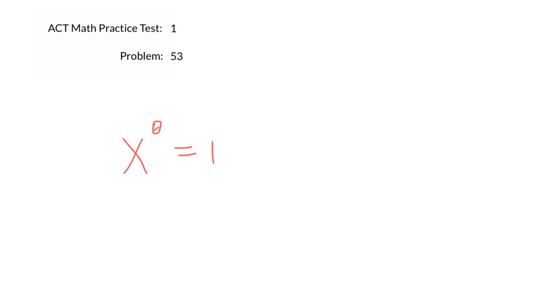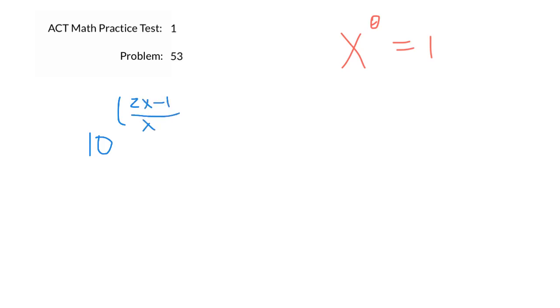If they say something like 10 raised to the (2x minus 1) over x equals 1, well then this exponent has to be 0, because the only exponent that you could raise 10 to and get a result of 1 is the exponent of 0. So what's kind of cool about this is you could just forget about the 10 and the 1 and just work with this exponent.